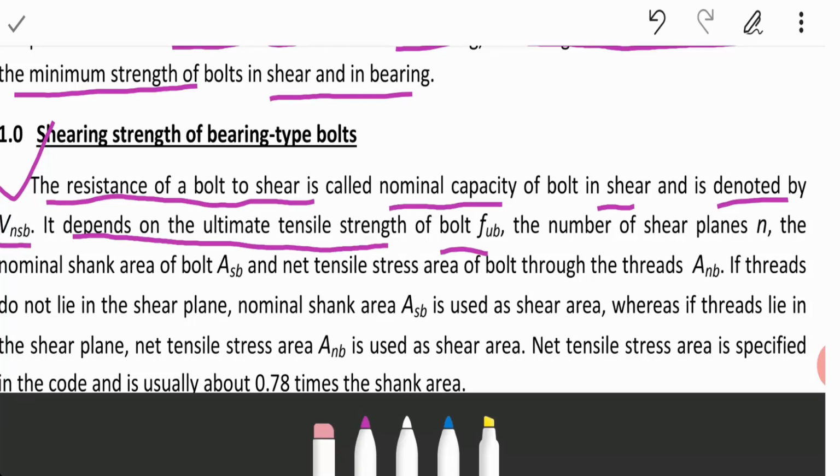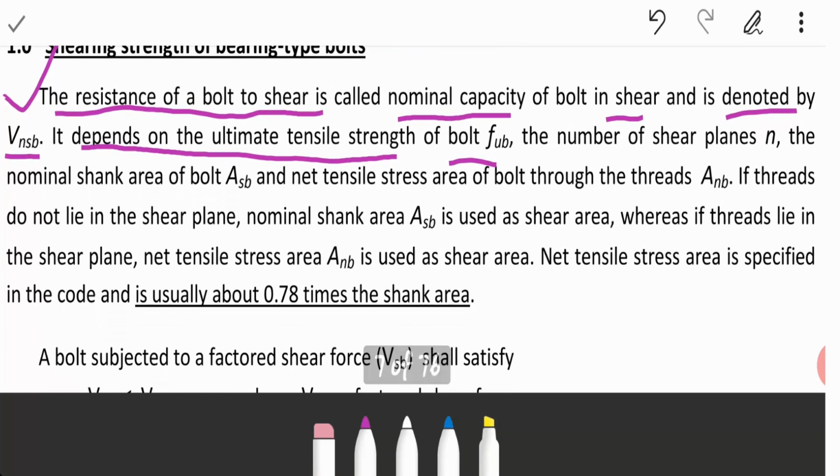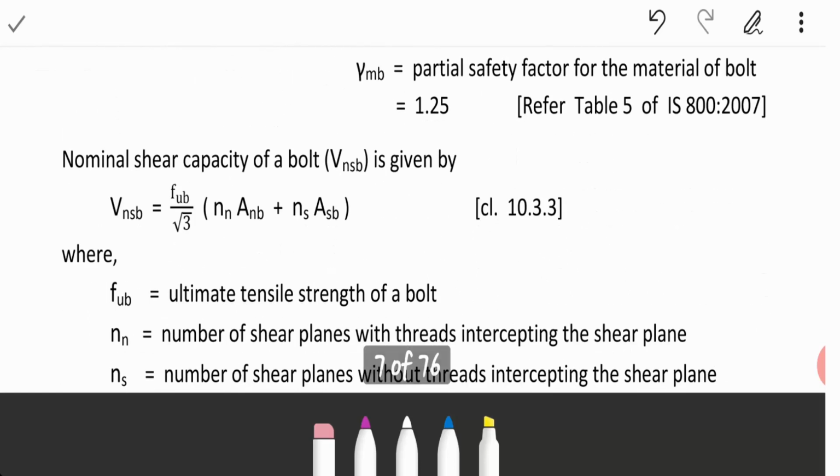So the nominal capacity of the bolt in shear, denoted by V_nsb, is equal to fub divided by root 3 into (nn Anb + ns Asb).